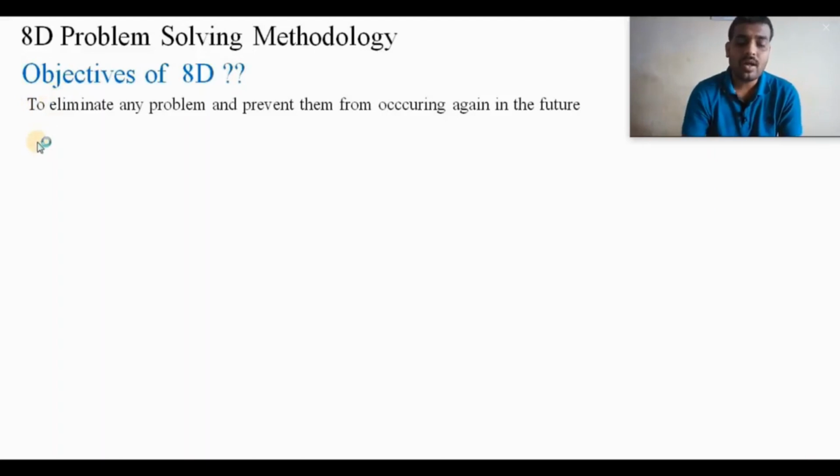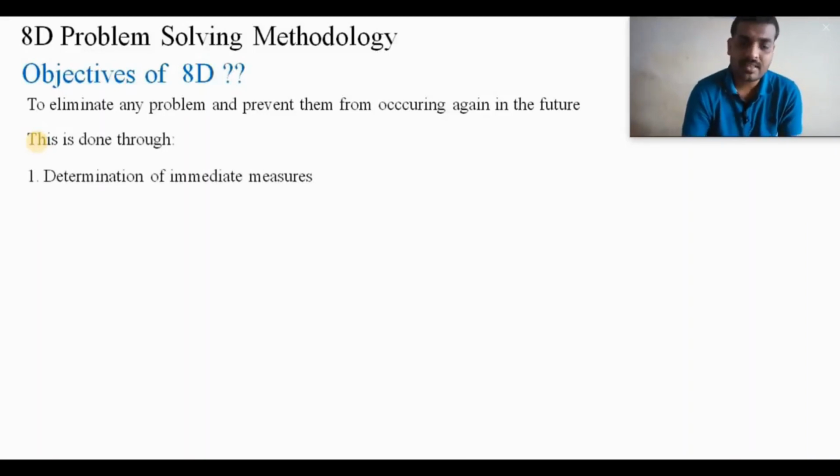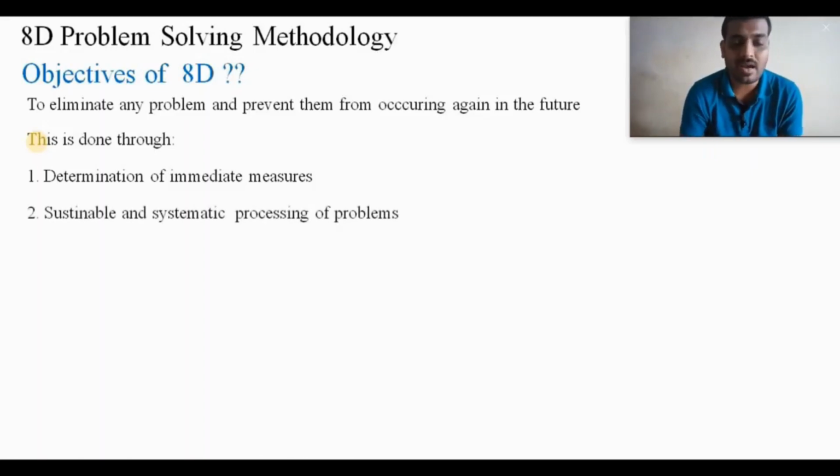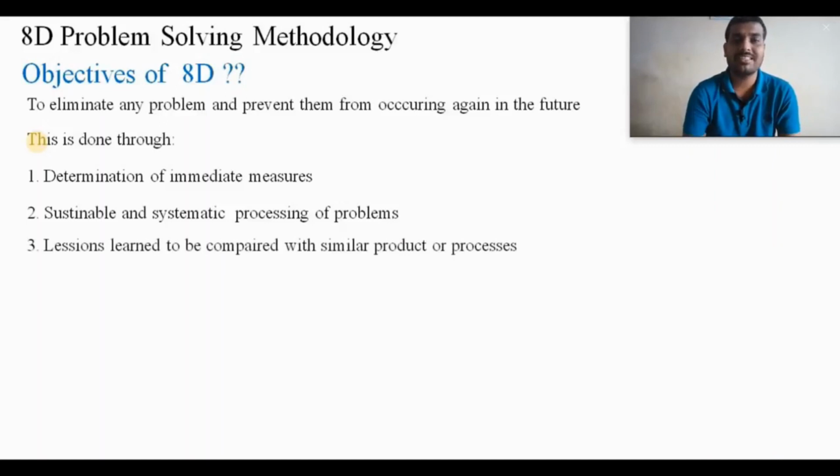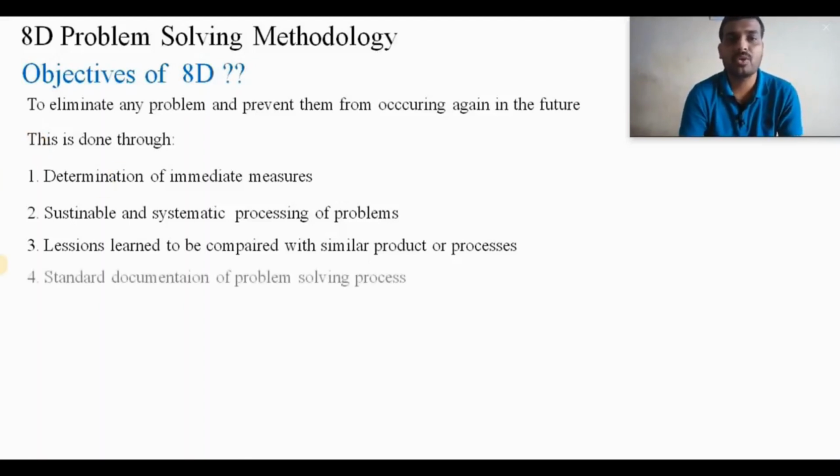This is done first through determination of the immediate measures required in order to avoid further complaints, then through sustainable and systematic processing of internal and external complaints by determining and eliminating technical causes, then through the findings or lessons learned to be compared with comparable businesses or processes or products, and fourth by standard documentation of the problem solving method. So this is about the objective of 8D.